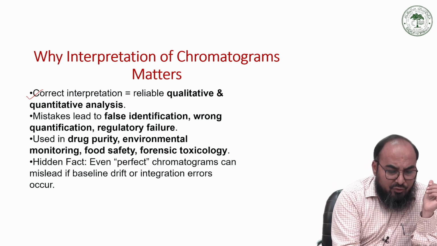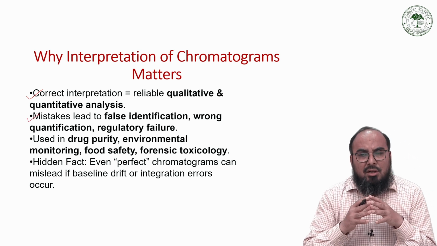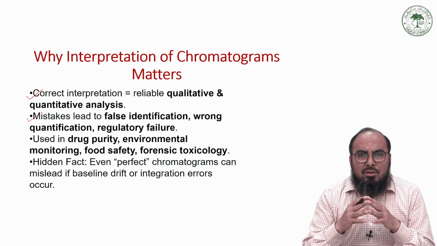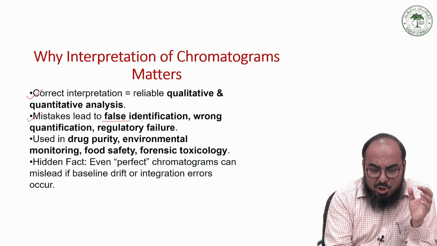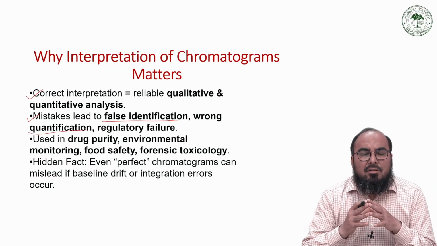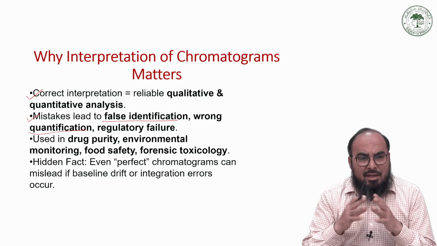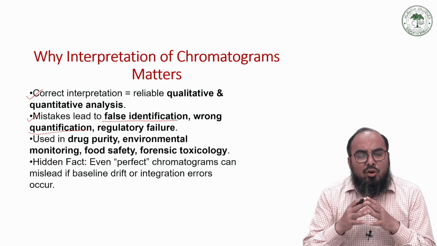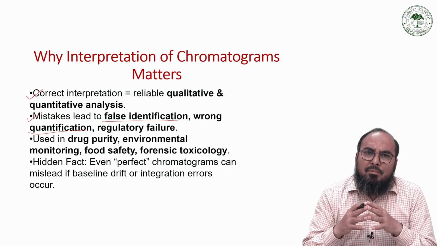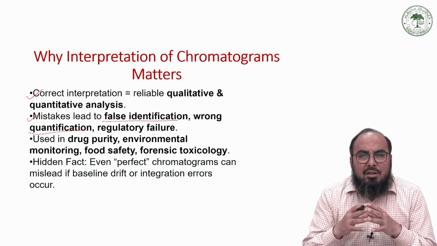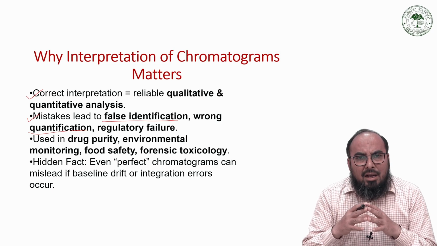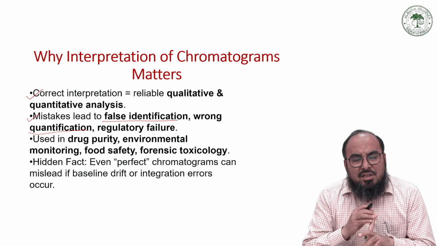If you make certain errors, it leads to false identification and wrong quantification, and the result will be compromised. For example, if you are checking drug purity, or doing some environmental monitoring, it becomes important to analyze your sample with high specificity.